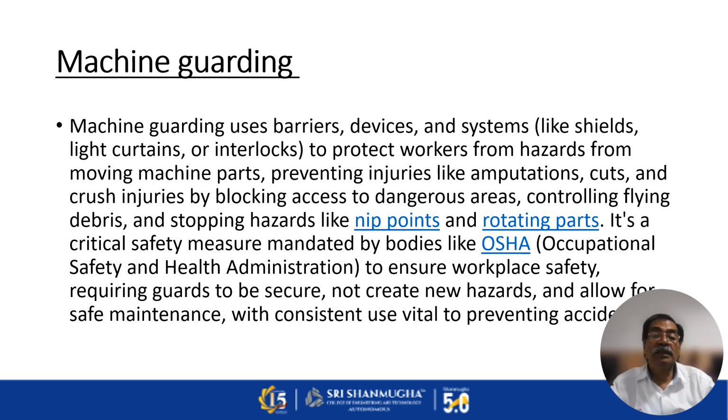It is a critical safety measure mandated by bodies like OSHA, that is the Occupational Safety and Health Administration, to ensure workplace safety, requiring guards to be secure, not create new hazards, and allow for safe maintenance with consistent use, which is vital to preventing accidents.